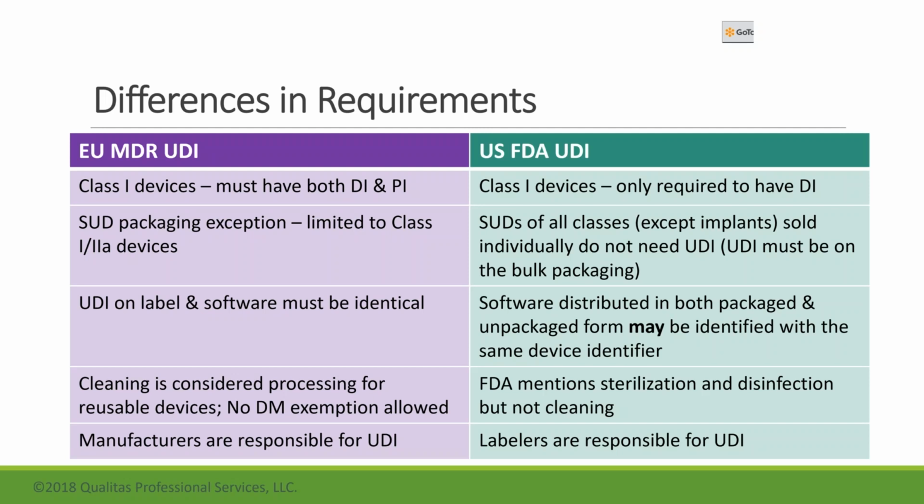Per the MDR, the single-use device packaging exception is limited to Class 1 and 2A devices. However, in the US, single-use devices of all classes, with the exception of implants, that are sold individually do not need a UDI on each one. That can be on the bulk packaging. So the limitation in the EU, again, for single-use device packaging is for Class 1 and 2A devices only.